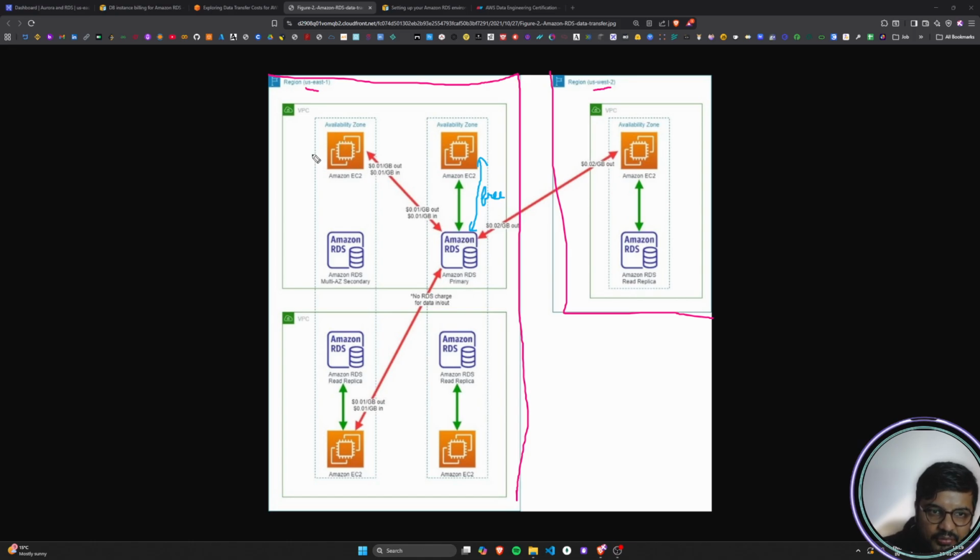But let's suppose this is US East 1A, and this is US East 1B availability zone.